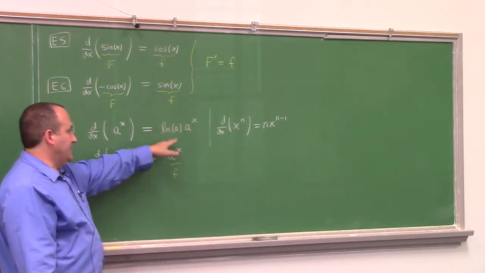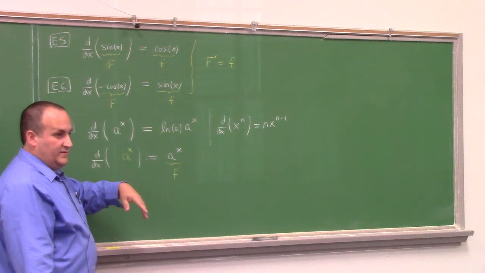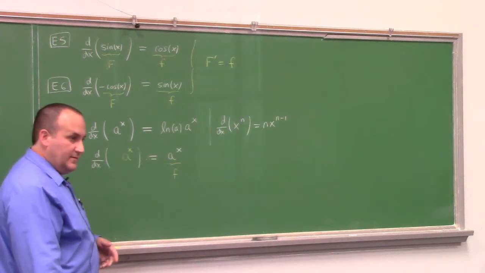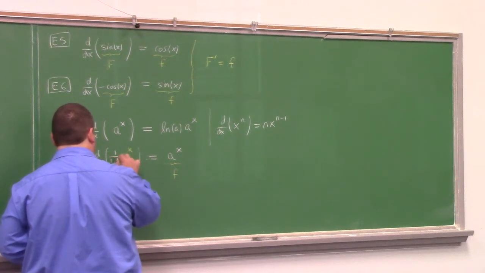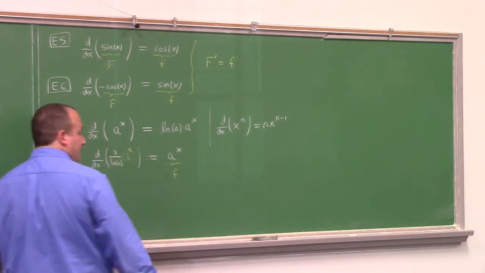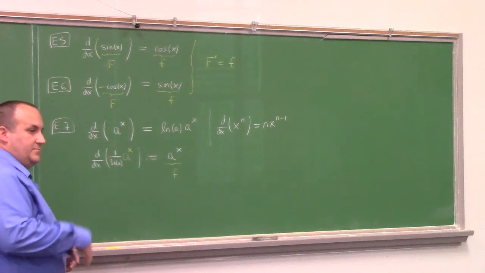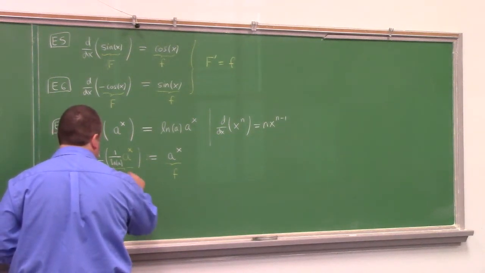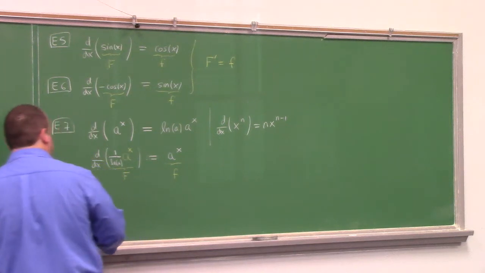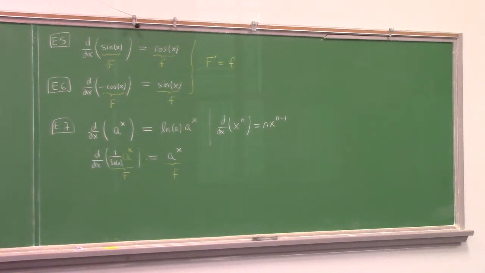So we need to make sure that goes away, so we just divide by it. So yeah, 1 over natural log of a. Just like you guessed earlier, the half, same thing here. But I understand we have to think backwards of the differentiation.